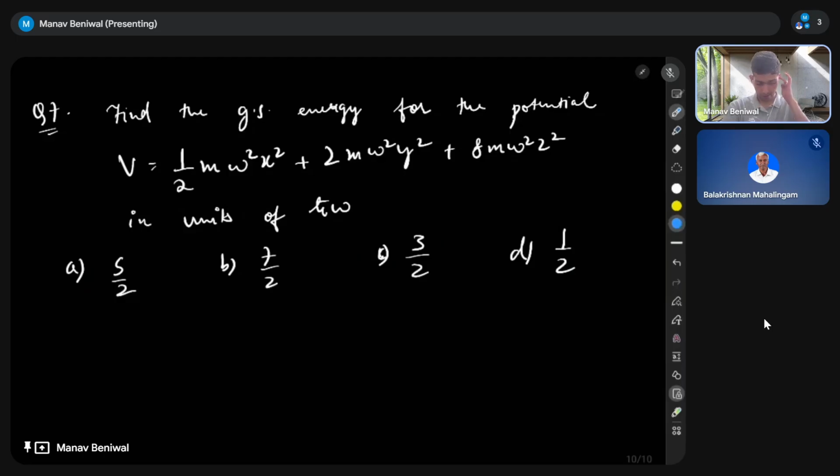Okay, so if we look at the potential, like we have already solved one problem like this, we know we have to convert it to the form of half m x square and put the rest of the things in terms of omega, right?